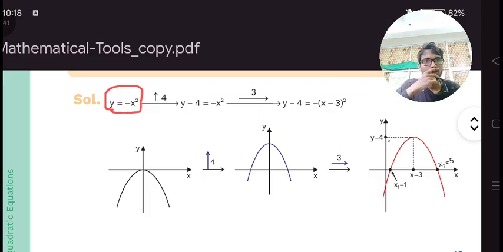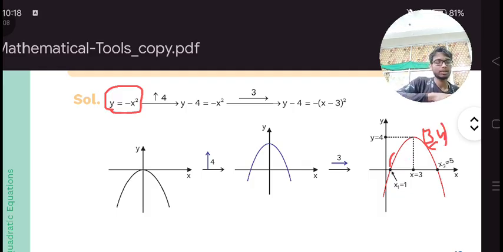So y is equal to 4 over here, x is equal to 3 over here. x1 is coming this, and x2 is coming this much. So the curve will be like that, and this is the coordinate (3, 4).